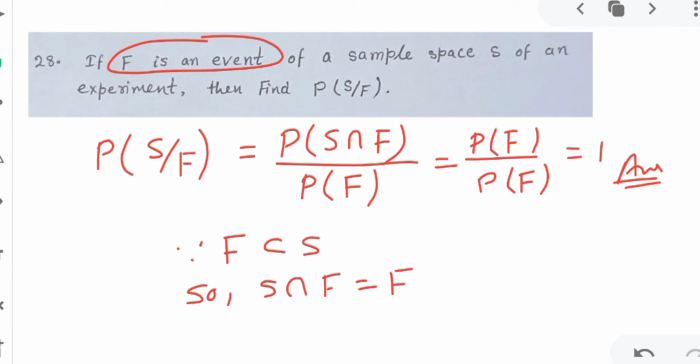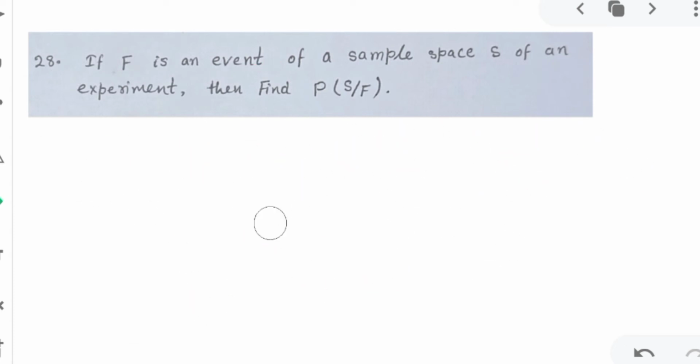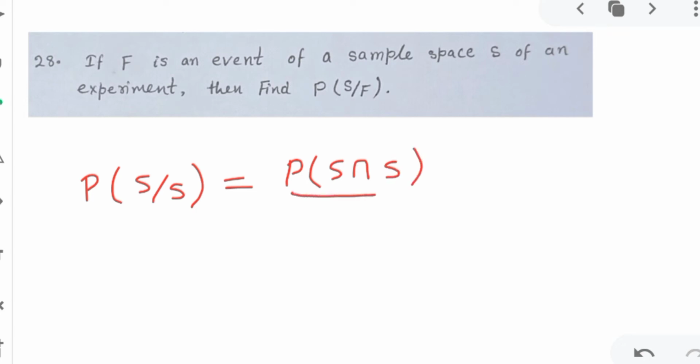This can come in a 1 mark question, and one similar question can come. What similar question can come? They can ask you probability of S/S. Using the same formula, we can write probability of S intersection S divided by probability of S. Probability of S intersection S will be S only.